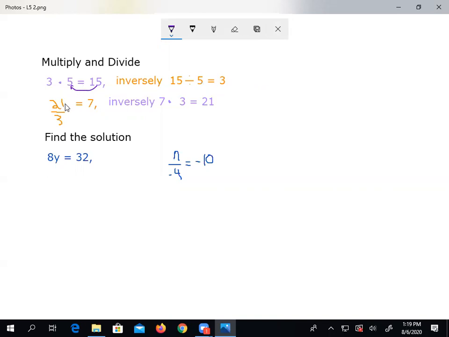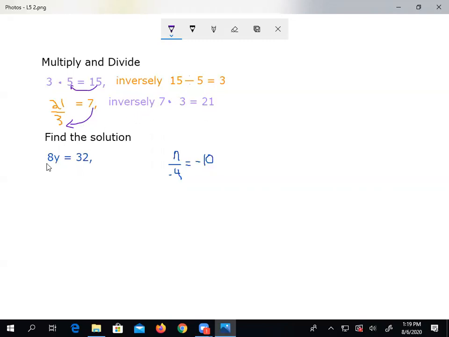If we look at this example, 21 divided by 3 equals 7. Inversely means to go from the other direction, which changes the division problem into a multiplication problem. So 7 times 3 gets back to the beginning, which is 21. So it's also a true statement. Each division statement can be rewritten as a multiplication statement if you go backwards.